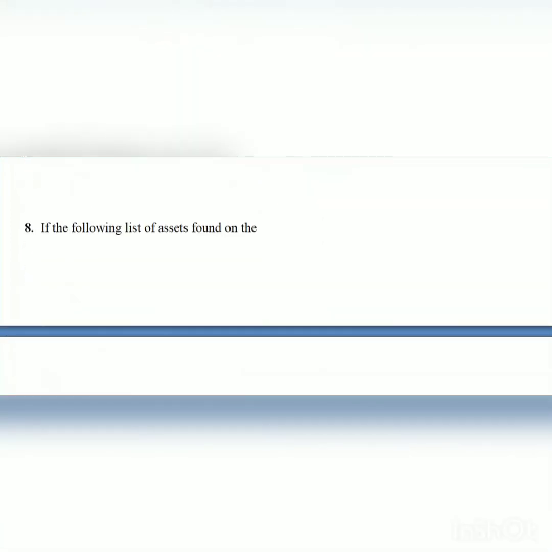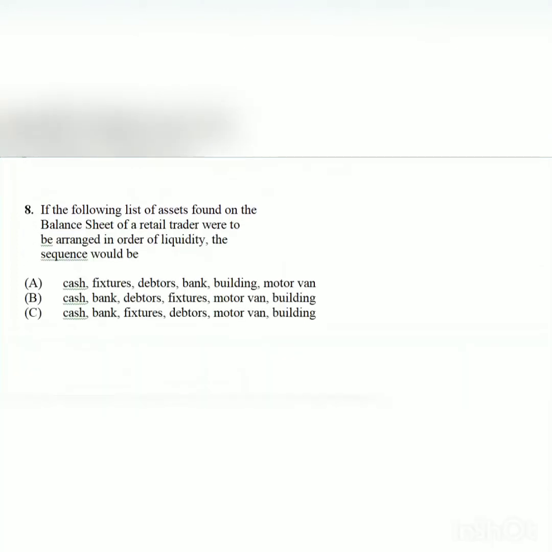So we want to move along to question 8. Let's bring it up because I want you to be able to look at the question and the responses all at once. So question 8. If the following list of assets found on the balance sheet of a retailer were to be arranged in order of liquidity, the sequence would be, so let's highlight liquidity.